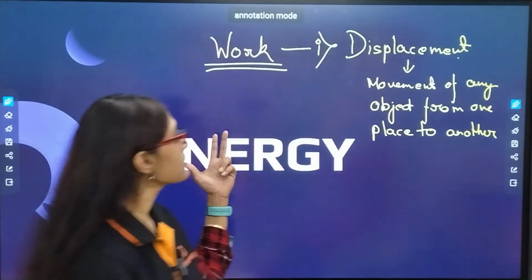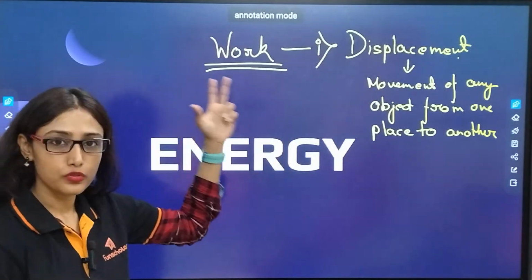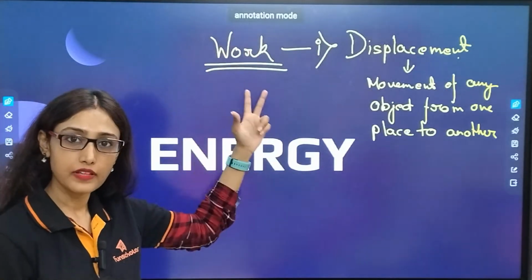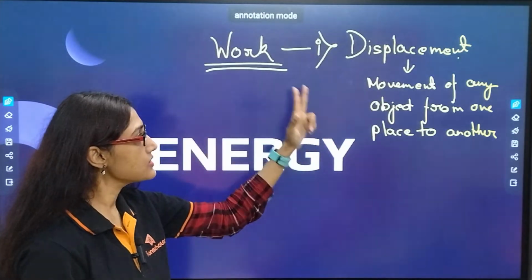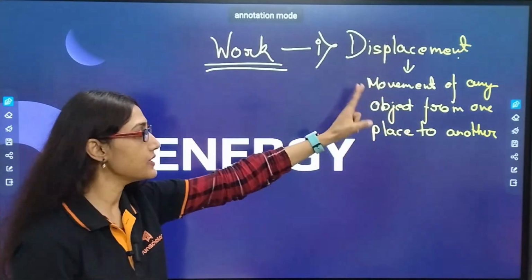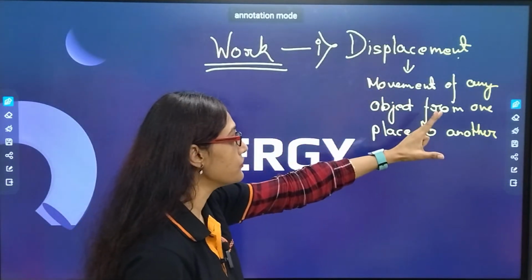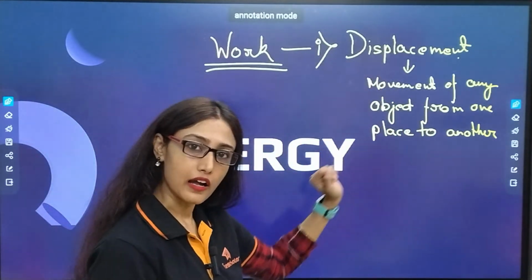So what is work? To say work in scientific terms, first it has to fulfill two conditions. First condition is displacement. What is displacement? That is, the object has to be moved from one place to another.